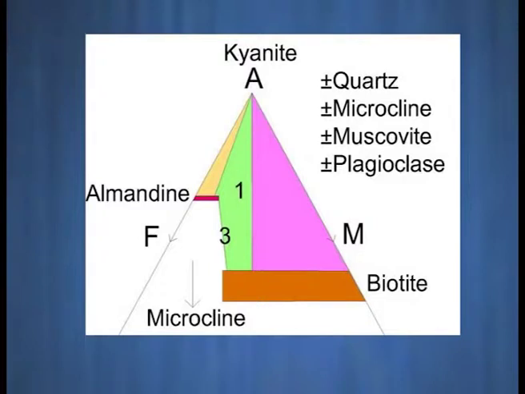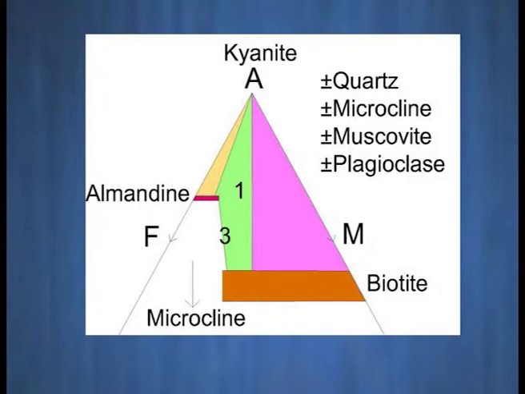Thus, the disappearance of staurolite provides the only possibility of differentiating between the subfacies, zones 1 and 2. It is evident that the critical association kyanite plus almandine garnet is now possible, which gives the subfacies its name.